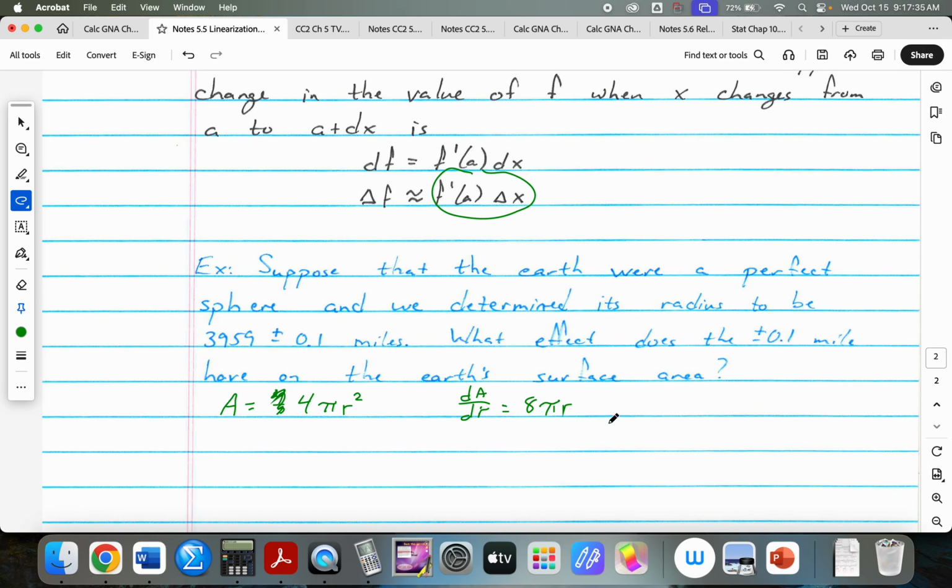So at the point in question, dA/dr evaluated at 3959 is 8 times pi times 3959. I'm just going to leave it like that for the time being.